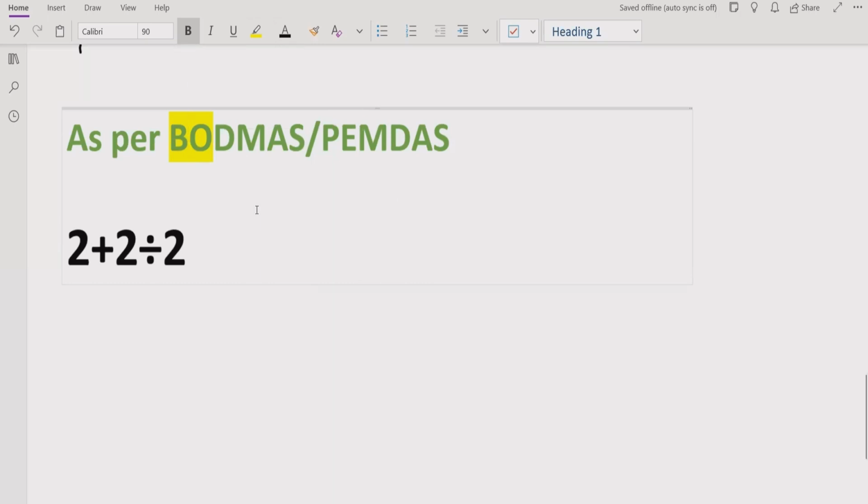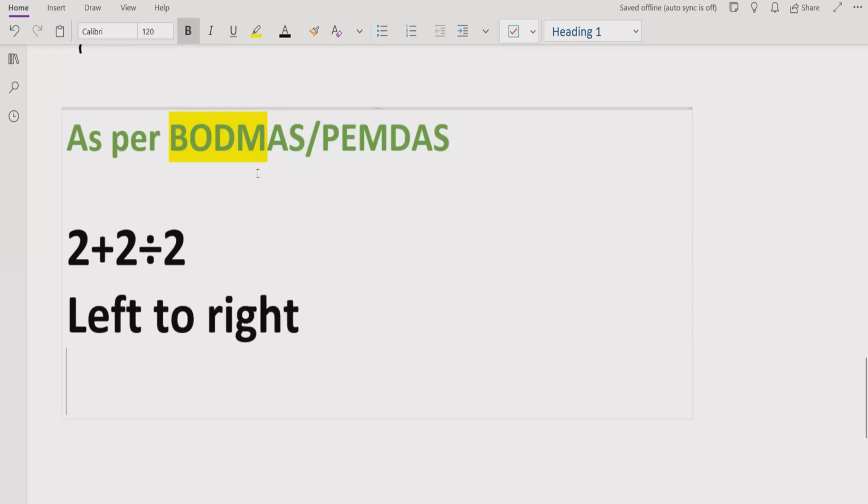We do not have a square or root in the expression. So now we will solve the division or multiplication. We will go left to right and find out which is coming first.